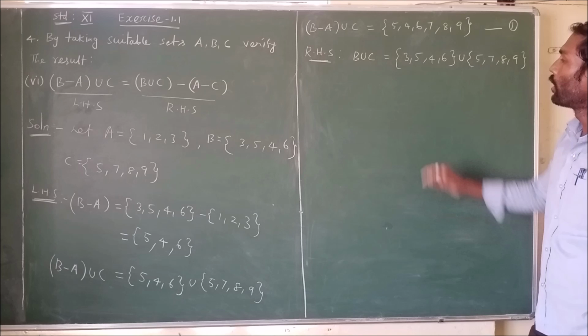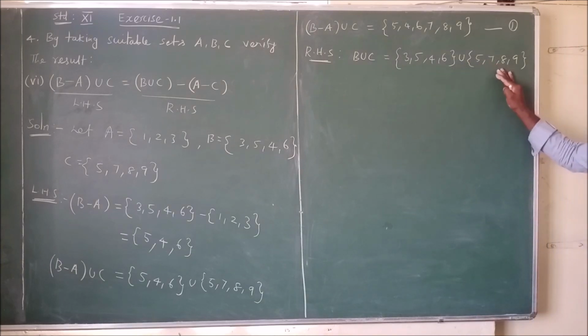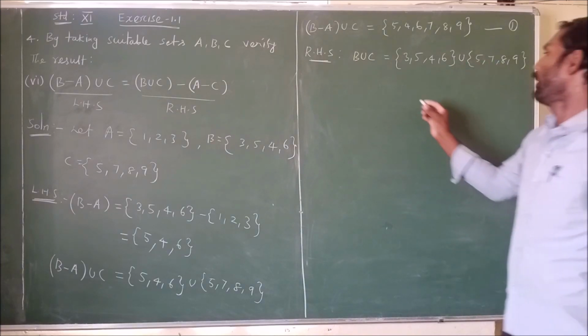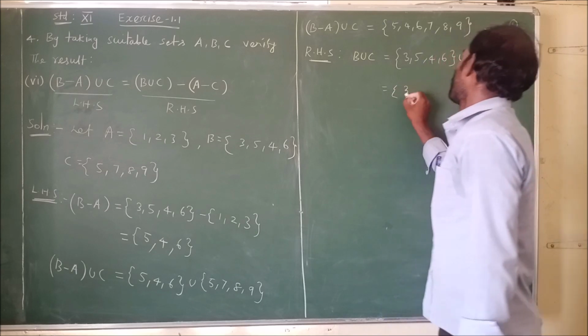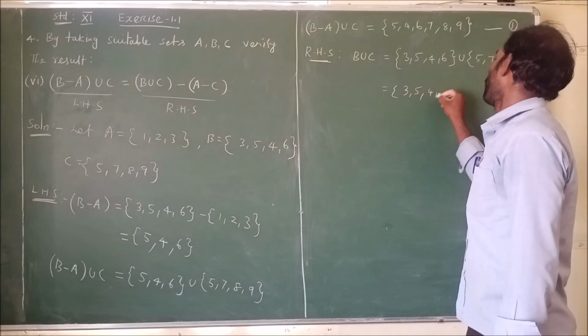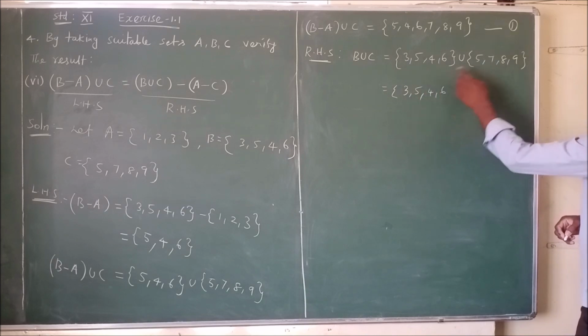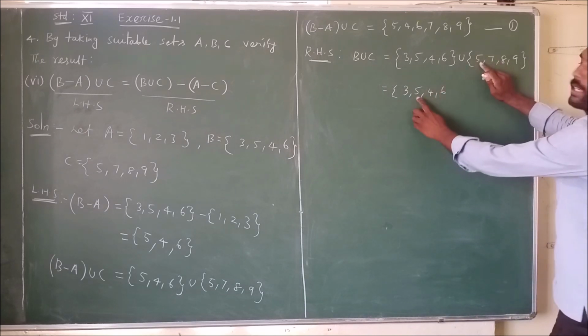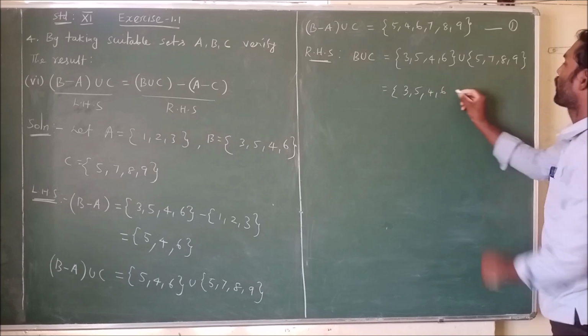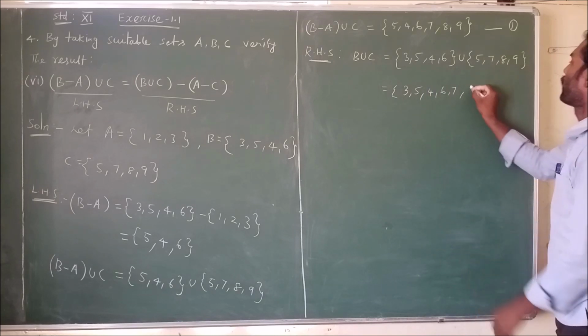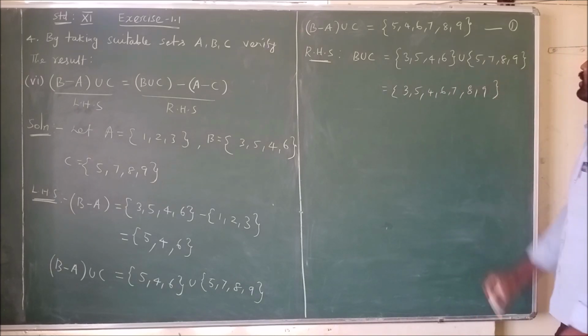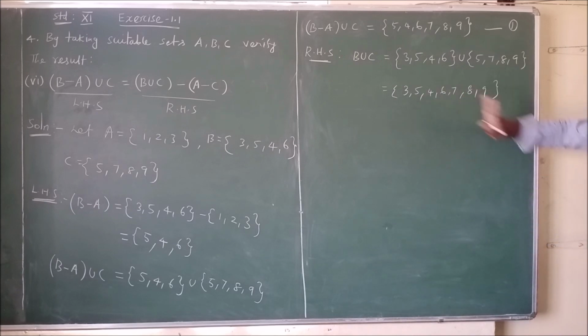First we write down the B set, then the remaining entries 7, 8, 9, writing 5 only once. This is B union C.